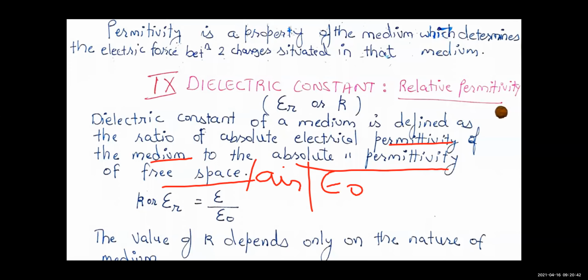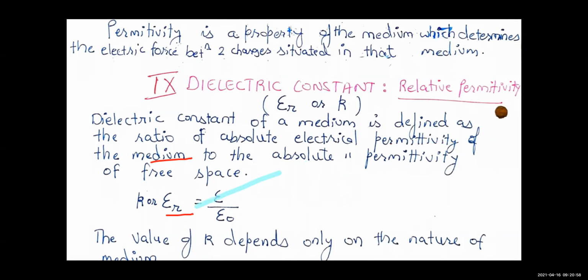So epsilon r, that is relative permittivity, is the ratio of epsilon in a particular medium upon epsilon naught in free space, or in air, that is in vacuum. So it is the ratio of absolute permittivity in a particular medium upon the absolute electrical permittivity in free space.